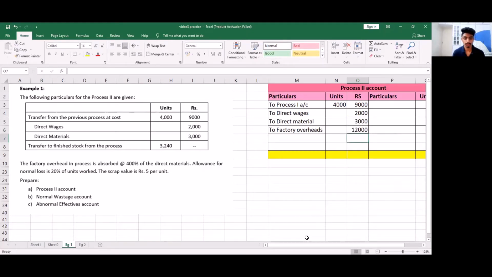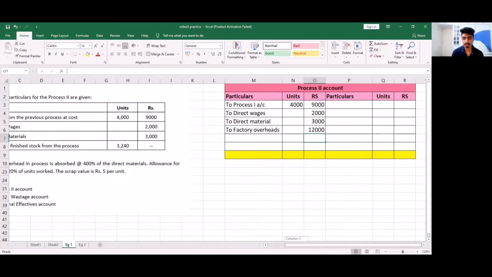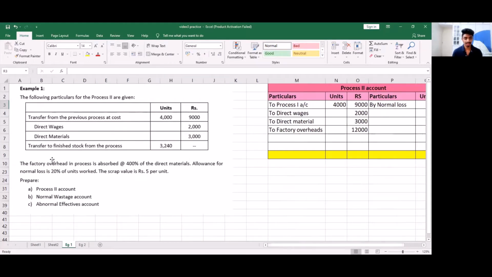Now let's move on to normal loss. So it says normal loss is 20% of units worked. So units worked is our input of units, which is 4,000. So we have by normal loss units equal to 20% of 4,000, which is 800. Now for the amount or normal loss realization, the question says the scrap value is rupees 5 per unit.